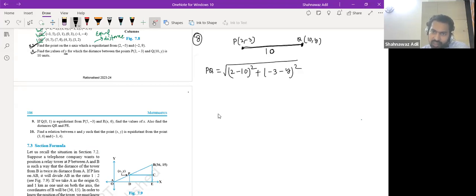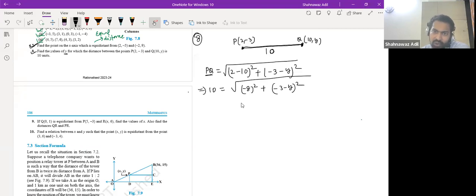This is the distance formula. And we already know PQ is 10. So this is 10, and this is 2 minus 10, which is minus 8 square, and this is minus 3 minus y whole square.